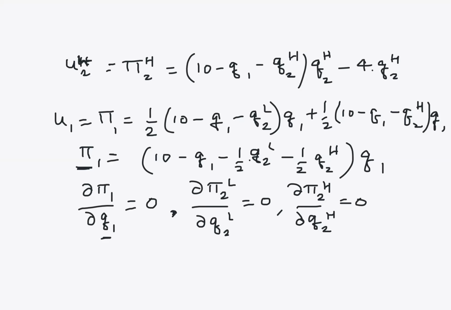So first, let's look at the best response function of firm 1, which basically depends on how much the two types of firm 2 produce, so Q2L and Q2H.